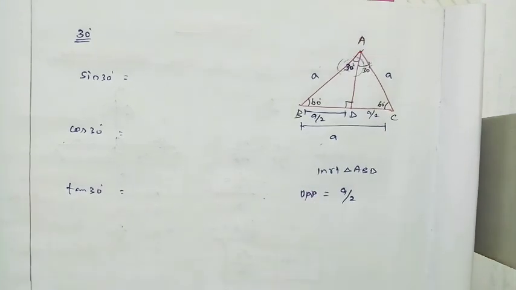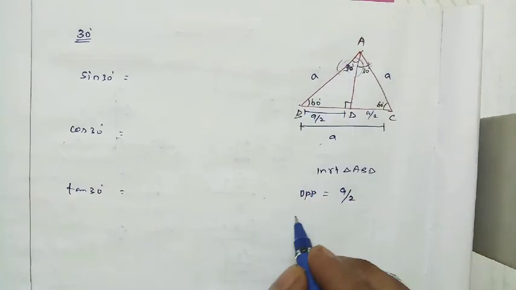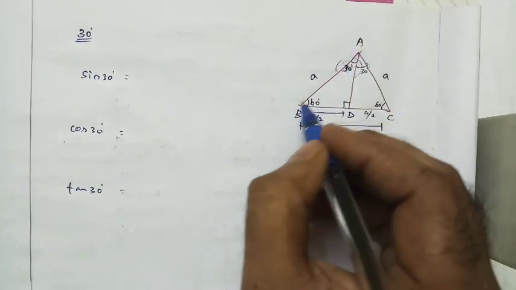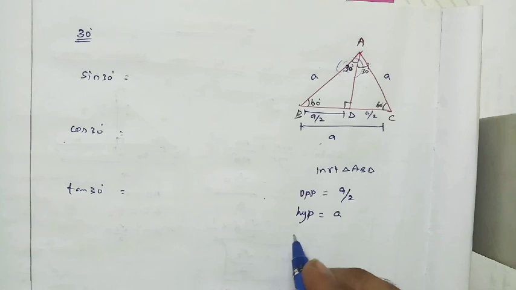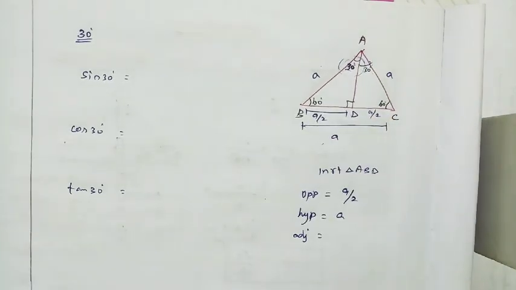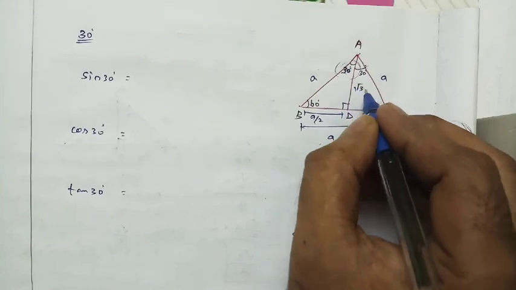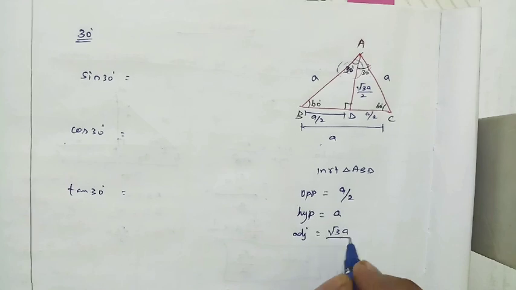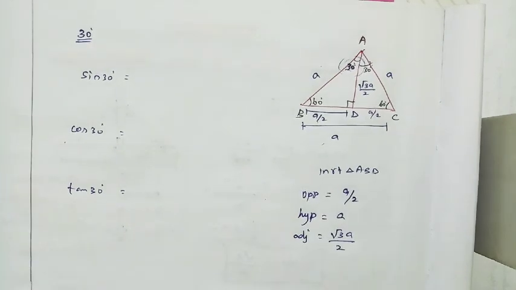The hypotenuse is A. And the adjacent side we have already found: root 3 A divided by 2, right?